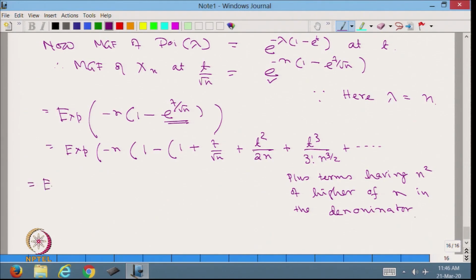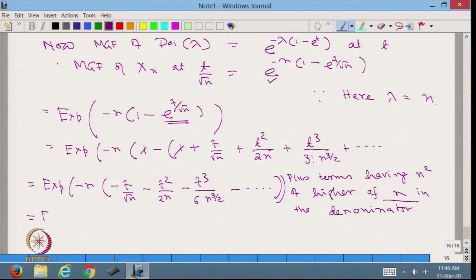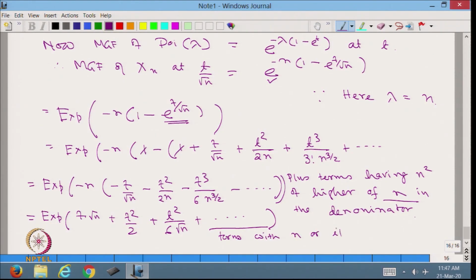This is equal to the exponential of minus n into, this one cancels with this, therefore, minus t by root n minus t square upon 2n minus t cube upon 6 n to the power 3 by 2 minus terms with higher power of n in the denominator, which is equal to the exponential of t root n plus t square upon 2 plus t cube upon 6 square root of n plus terms with n or its higher power in the denominator.